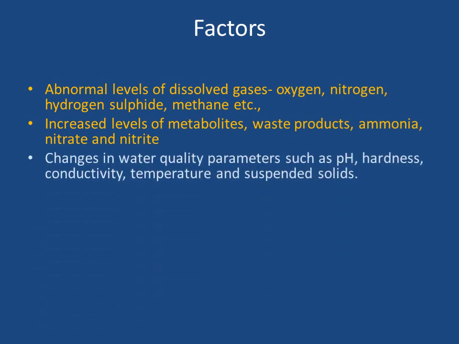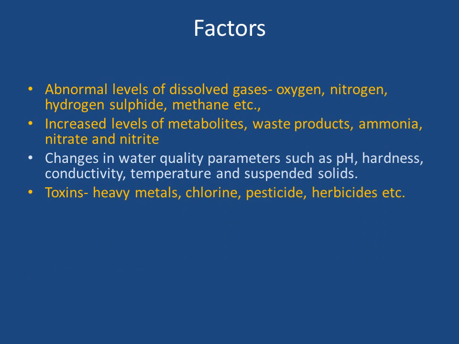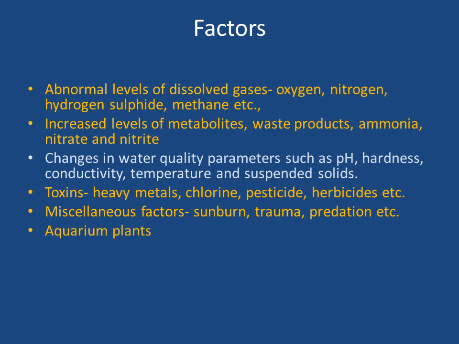Changes in water quality parameters such as pH, hardness, conductivity, temperature, and suspended solids. Toxins, especially chlorine, heavy metal, pesticide, herbicide, etc. And other factors, sunburn, trauma, and predation, can also induce disease.